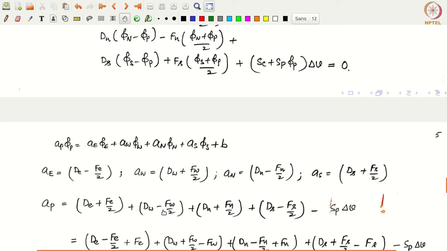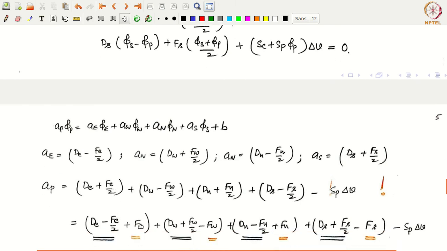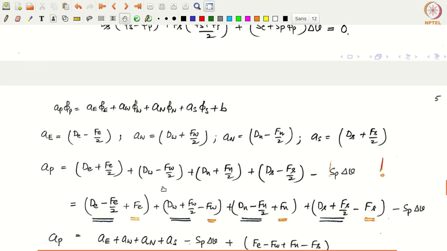Of course, we can now make it actually a summation of A NB by adding and subtracting a certain quantity. That is nothing but this plus FE by 2 can be written as FE minus FE by 2, right? Similarly, this minus FW by 2, I can write it as minus FW plus FW by 2. I can basically add and subtract these quantities.